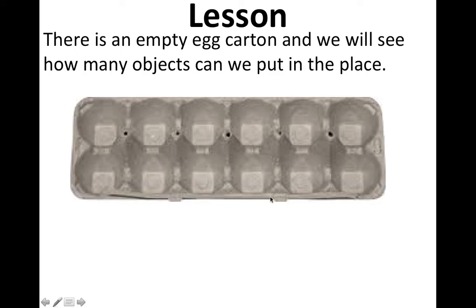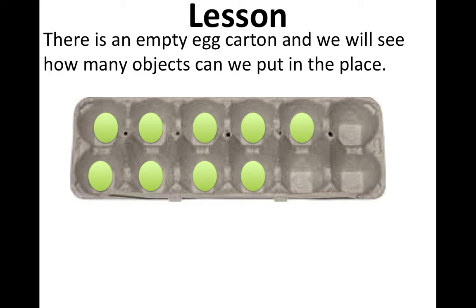As you can see, I have an empty egg carton. Now I'm going to put some stuff in there, and let's see how many objects we can put inside the egg carton. So I have 1, 2, 3, 4, 5, 6, 7, 8, 9, 10, 11, 12.